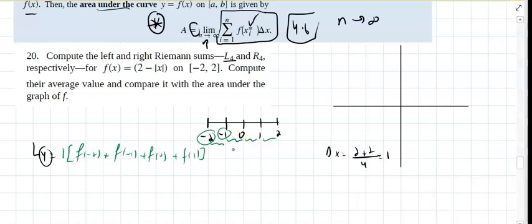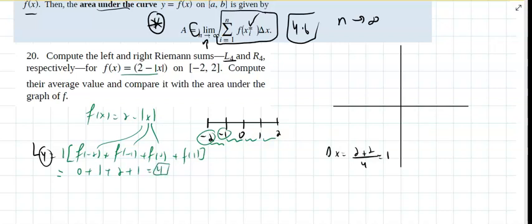And in this case, I really don't need a calculator because f of x is 2 minus natural log of the absolute value of x. So f of -2 will give me a 0. F of -1, 2 minus 1 is 1. 2 and a 1, that's pretty much 4.